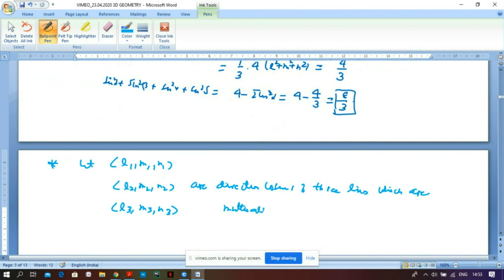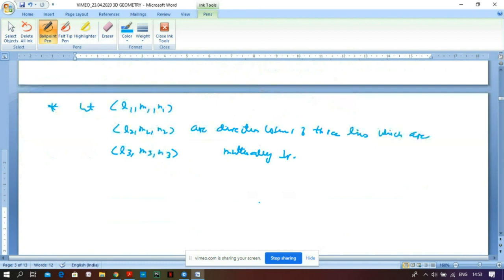Means these lines are mutually perpendicular. And then you are supposed to find out that there is a line L that makes equal angles with each of these lines.